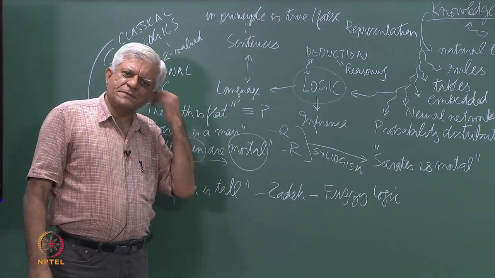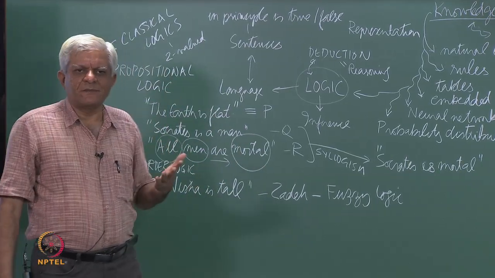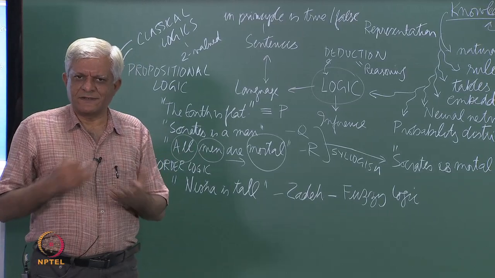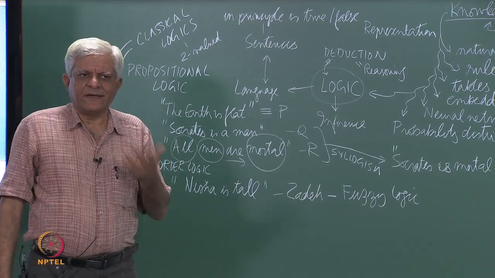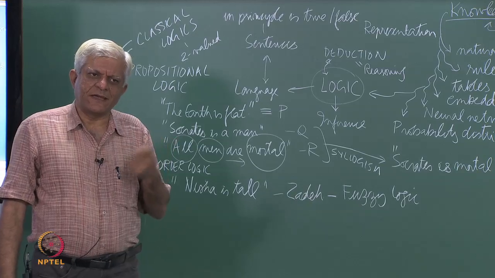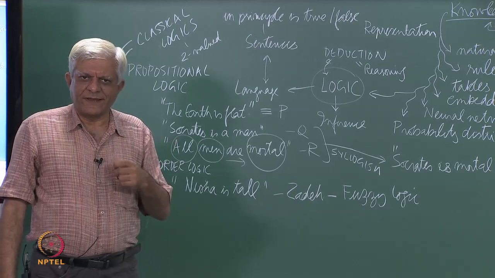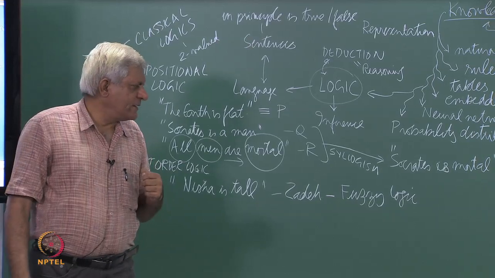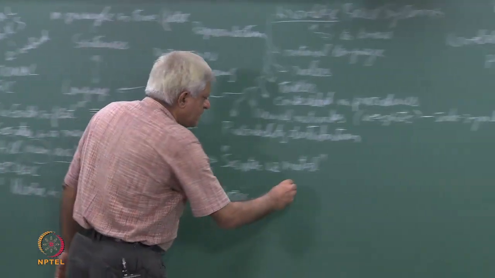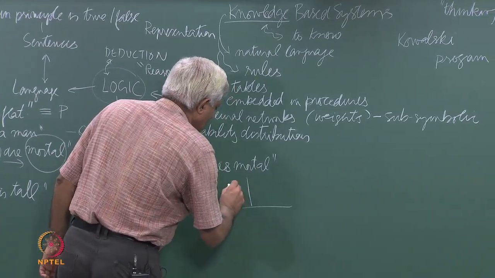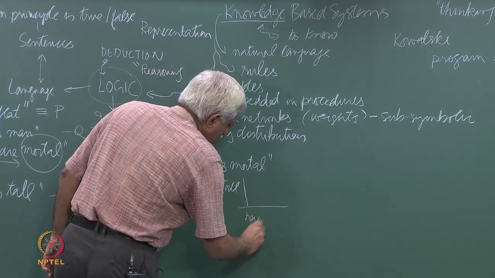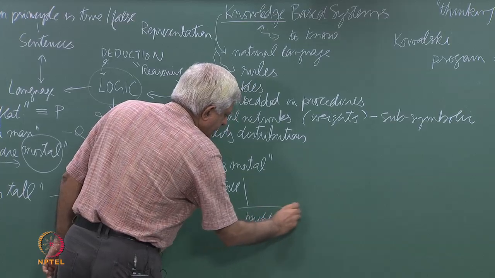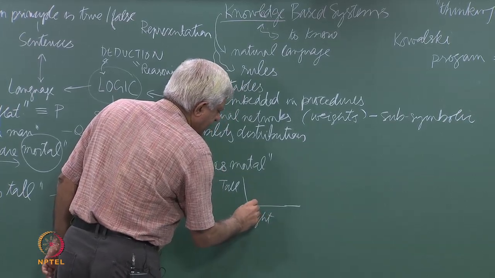As opposed to that, what Zadeh said was: why do you want to work with crisp sets? You have a notion of a set membership or the characteristic function that you must have defined at some point. Why is it mapping only to 0 or 1? Why cannot it map to 0.7, 0.8 or something like that? And Zadeh said that, for example, if I want to define tallness and this is height, then I should be able to define something like this.